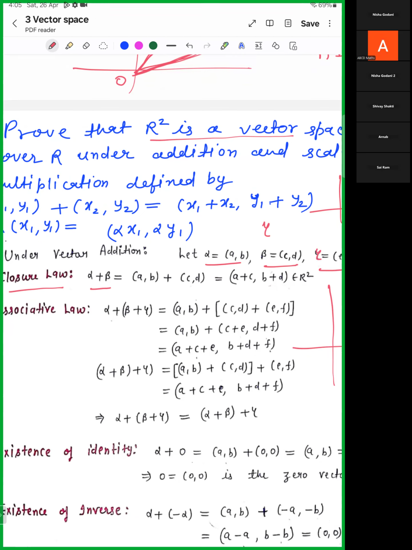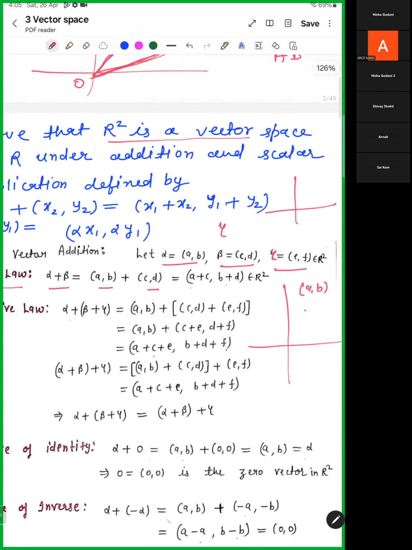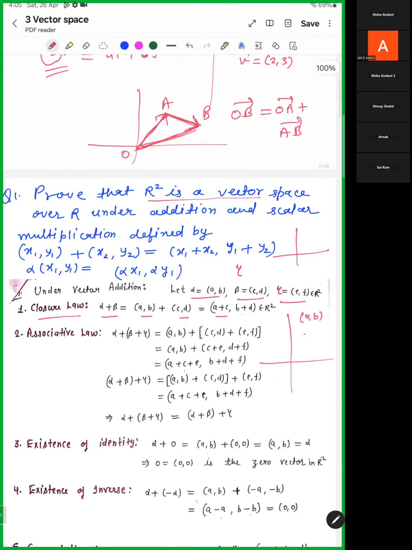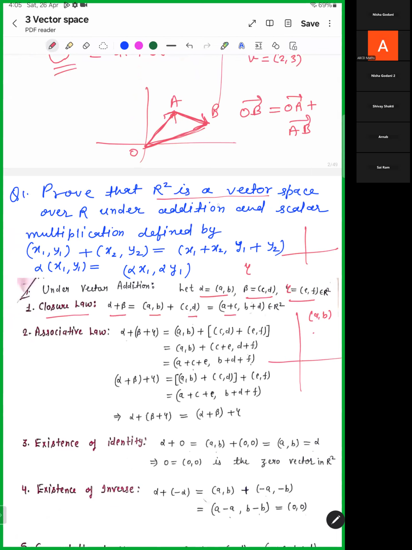So alpha plus beta, if alpha is a comma b, beta is c comma d, then addition of these two is a plus c. You add component wise. Why component wise? Because the operation is given. In the question, we have to prove R square is a vector space over R. Over R means scalars will be real numbers under addition and scalar multiplication.